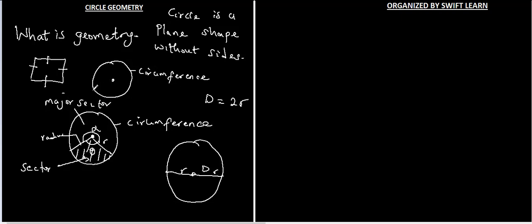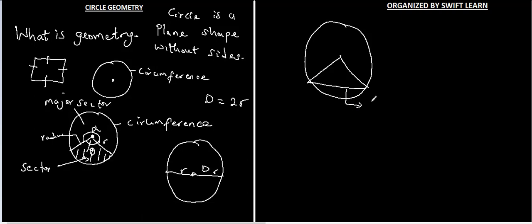So moving on, we also have what we call the chord of a circle. As I said earlier, this is the sector. Then there's a line like this that runs across the base of the sector. This line is called the chord of a circle. This lower part is known as the segment.